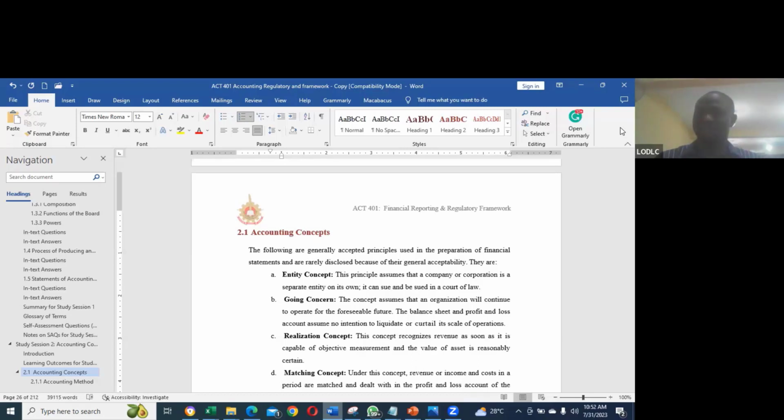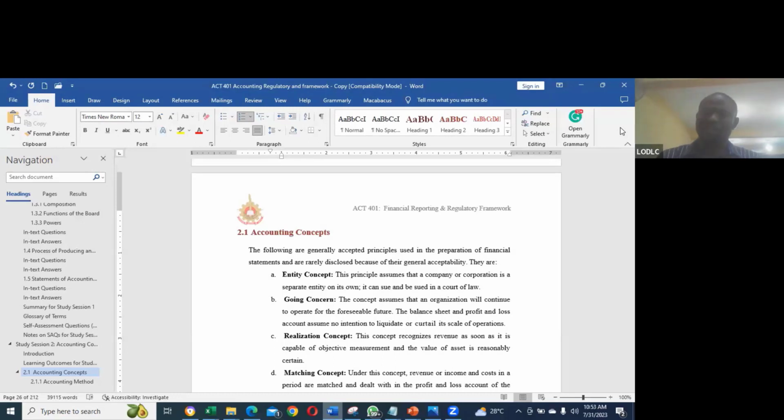What they are trying to tell us here is, let me use a particular language as a layman. Entity concept simply means the business purse and the private, personal purse, I mean, they have to be what? Separated. Once you are into a business, you must not allow your personal purse and your business purse to be what?